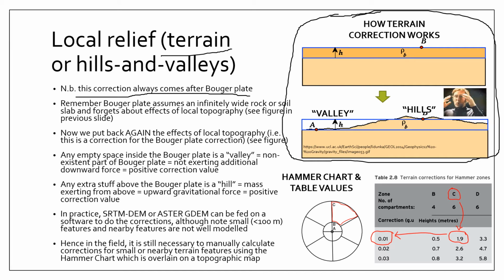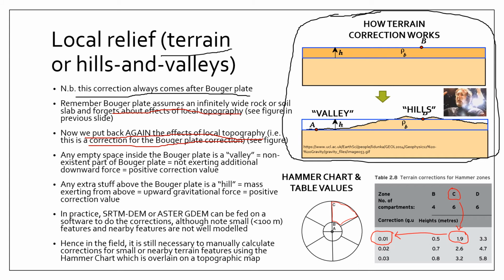Okay, so it ignores all the effects of the local topography, and the job of the terrain correction is to put back again the effects of the local topography because the Bouguer plate correction is too dumb to do that. Alright, so what happens here is we just compensate for all those local effects.